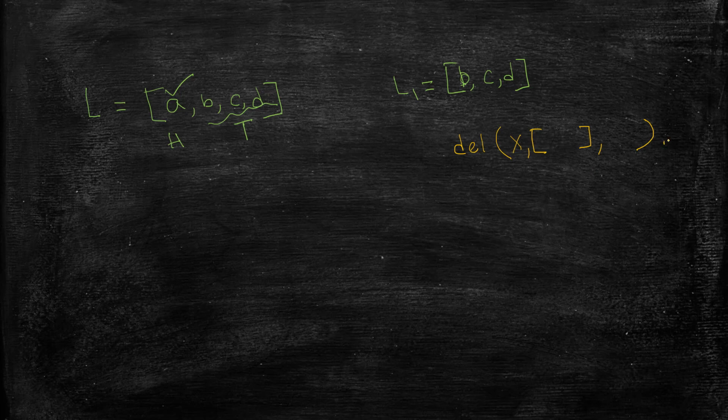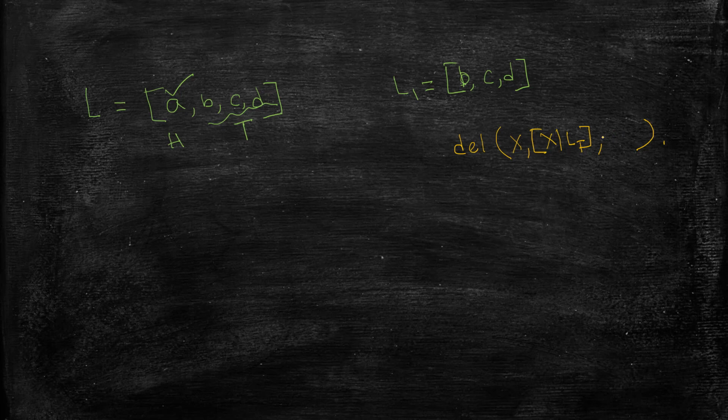So if I create a fact something like this, I'm talking about I want to delete X from my list L over here. So if I write L as X pipe L T, just to mention it is the tail of the list L. If I write like this, my input list L, what would be my output?